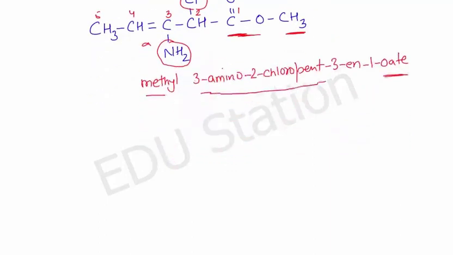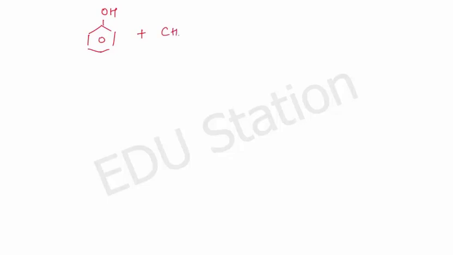So in case of aromatic, we will take two examples. One is phenol reacting with acetic acid, and one is benzoic acid reacting with methanol. Both will give you esters. The structures are very close, but the names will be very different.